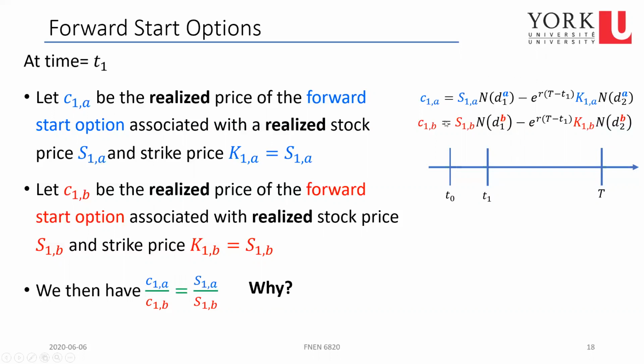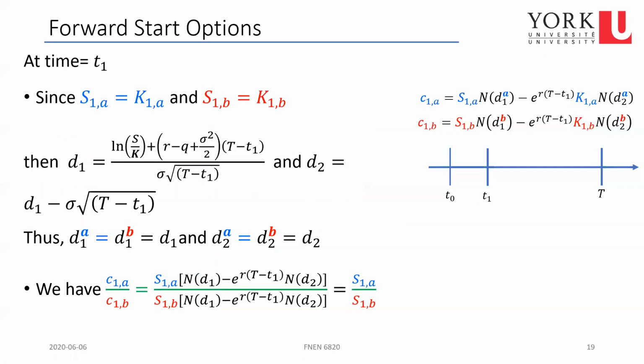Because at T1, your forward start option just becomes a regular at-the-money option for whatever realized stock price you have.